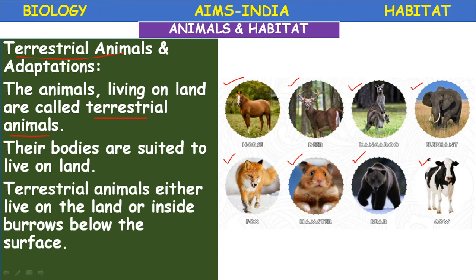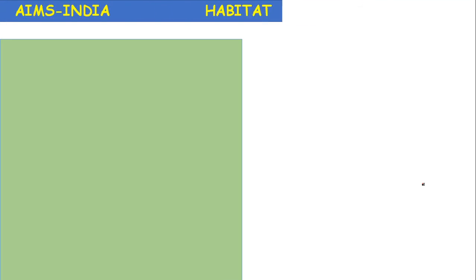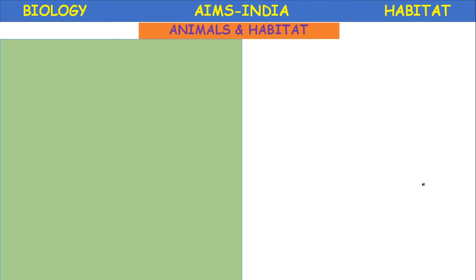These are all terrestrial animals. You can name many other animals which you see, a dog, cat, rat, different animals which you come across in your surroundings, different kinds of birds, isn't it?